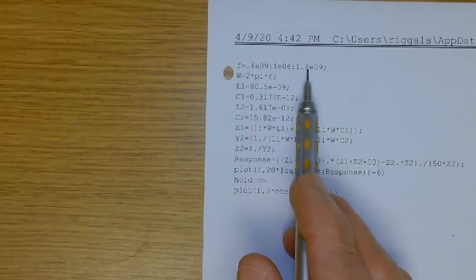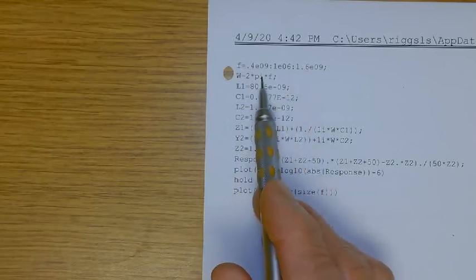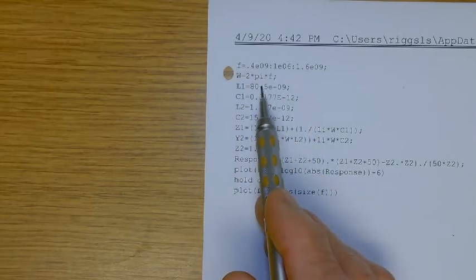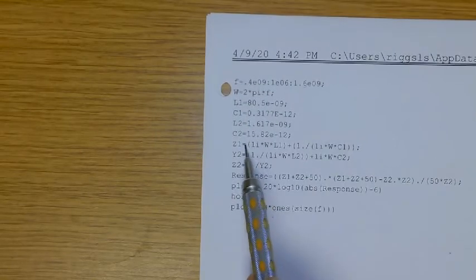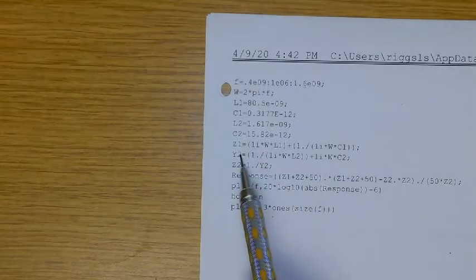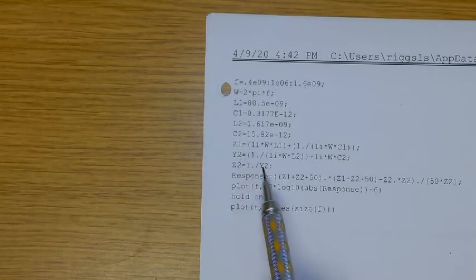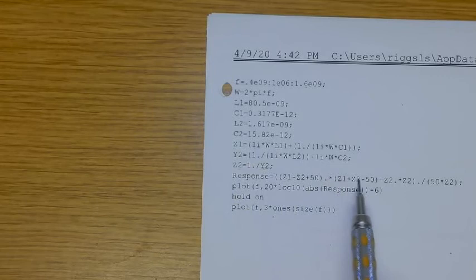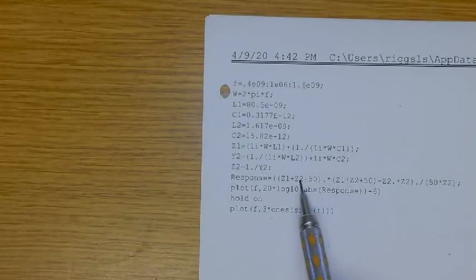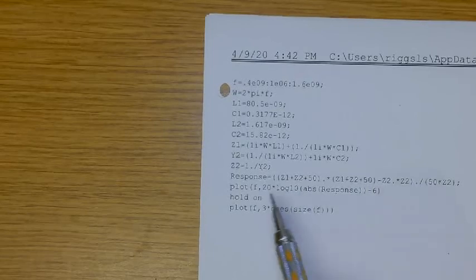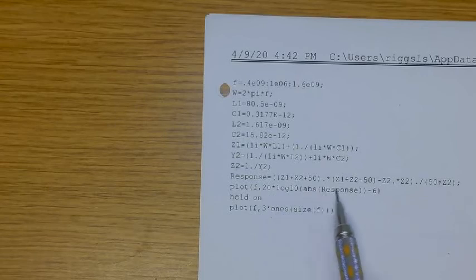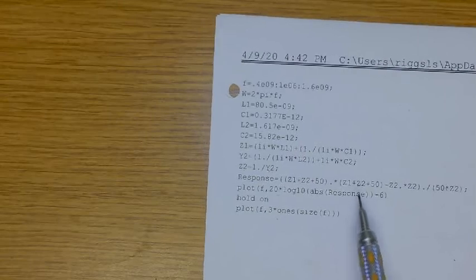I'm computing the admittance Y2, and Z2 is the reciprocal of that. Then my response is according to the formula from the previous page. I plot frequency versus 20 log of the absolute value of the response, because it's magnitude, minus the 6 dB. Then I told it to hold on and plot the 3 dB line, so I can see where it intersects my response function.